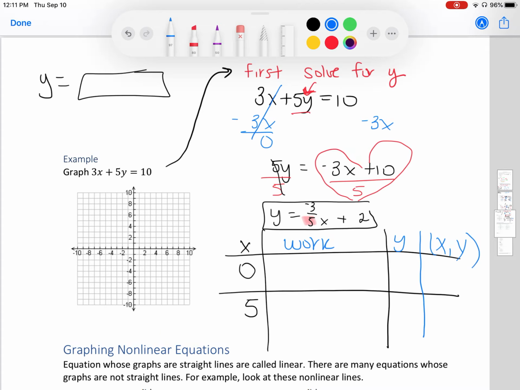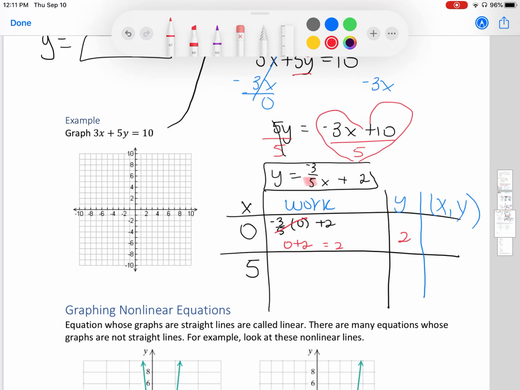Okay, so let's plug this in. We're left with negative 3 over 5 times x, which is 0, plus 2. Well, anything times 0 is 0, so we're left with 0 plus 2. This gives us 2. Next one, negative 3 over 5 times 5 plus 2.